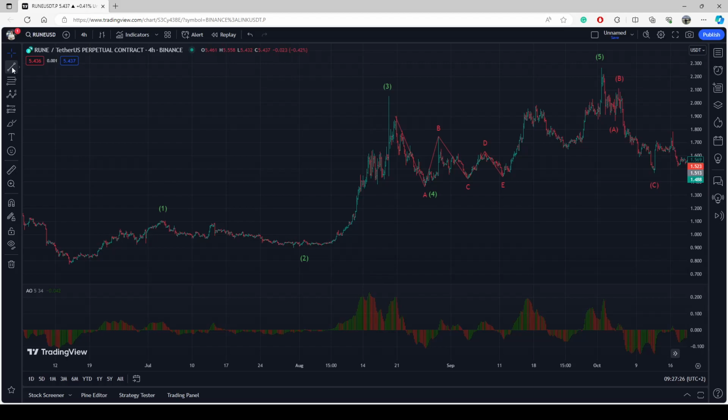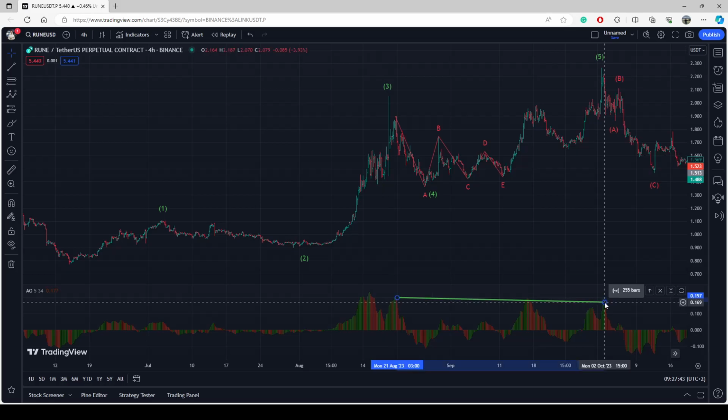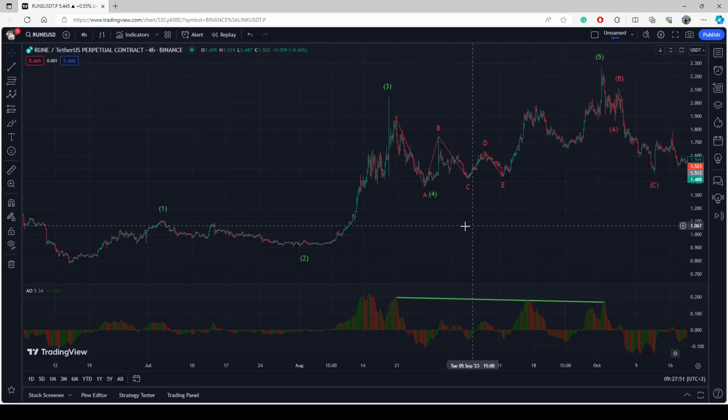And we can apply such a term as the AO divergence, when the prices grow, but the AO indicator value doesn't support the growth in terms of the highest peaks. So the price grows and the peaks are lower and lower after that. This gives us a strong indication that there might be an end of the bullish cycle in this case, and we should expect a change of trend or the beginning of a correction, such as A, B, C.